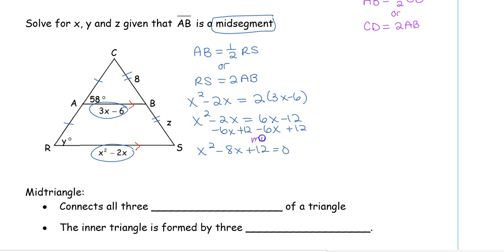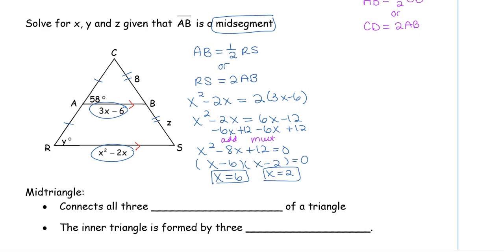We're looking for two numbers that are going to multiply to the outside and add to the middle. So those two numbers are going to be a -6 and a -2, because -6 times a -2 is a positive 12. And -6 plus a -2 is going to be a -8. So we have two possibilities. X could either equal a positive 6, or x is going to be equal to a positive 2.